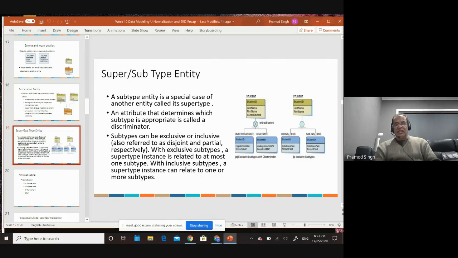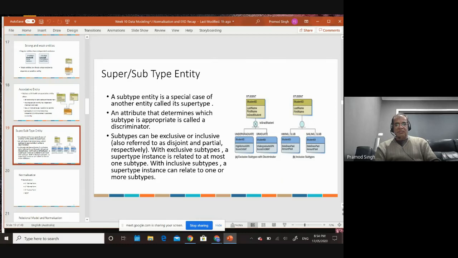So, for example, in this particular case, student is an entity, and undergraduate and graduate are the subtype entities which are dependent on the student. So student can be defined into different groups or categories of undergraduate or graduate. But for defining that, certainly the student entity should exist.